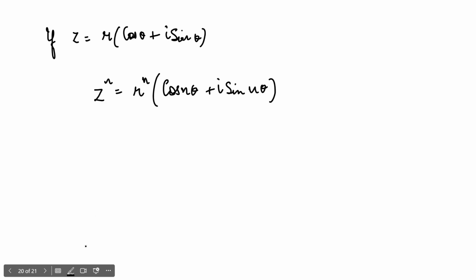So this is the general form which we write when we use De Moivre's theorem.